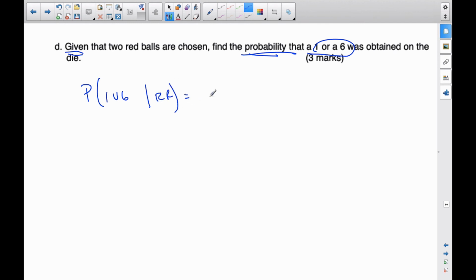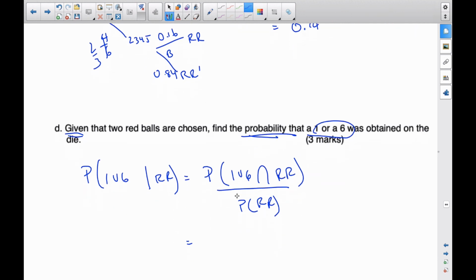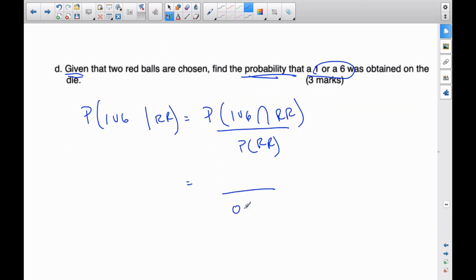Well, using the definition of conditional probability, it says the probability of a 1 or 6 and 2 red balls over the probability of 2 red balls. Well, if I look above here, this is the probability of 2 red balls. So I know the bottom of my fraction is 0.14.